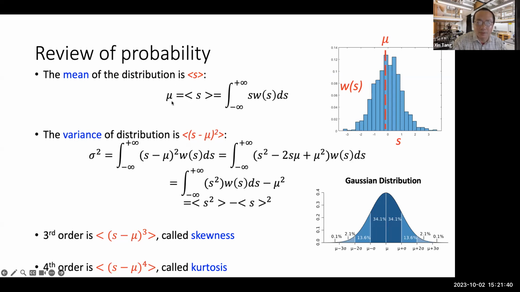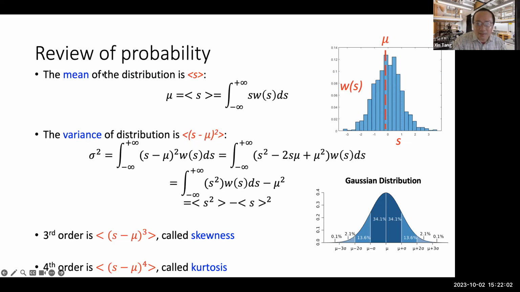So mu is the mean of a distribution of s. This can be represented here. Mean is the center. The w(s) is the curve of this function, and s is the x-axis, different values. So that's the mean.